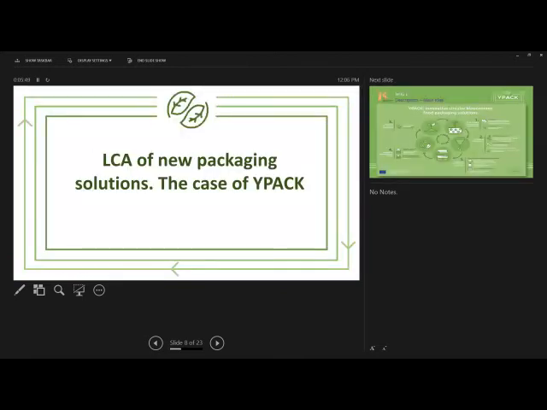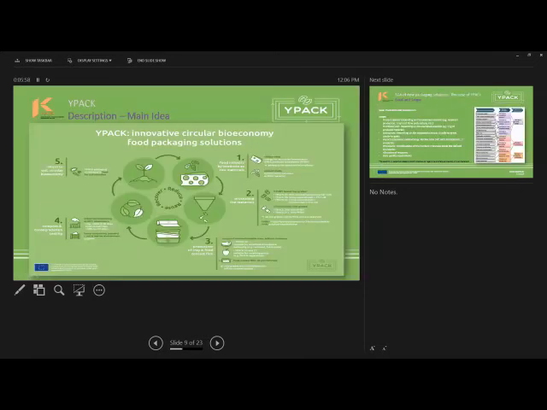So we perform LCA analysis on the new packaging solutions in the YPACK project. Here we can see the description of YPACK. As we can see, the main idea is to utilize cheese whey and almond shells in order to produce innovative food packaging solutions, trays and films, that are biodegradable and also present the required performance for their final use.